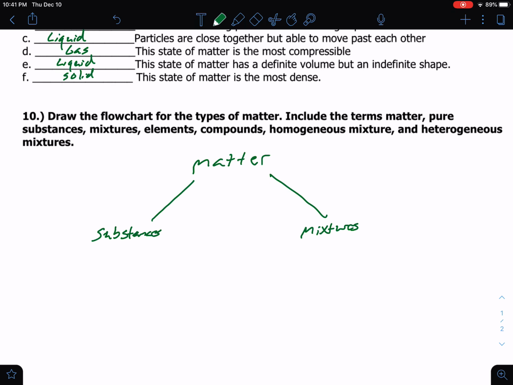Okay, so we're going to start with our substances. Substances can be broken apart into elements, which you get plenty of practice on with the periodic table, and then you get compounds, which we still use the periodic table to form. Elements is just an element by itself, like oxygen, hydrogen, and these are going to be inseparable.